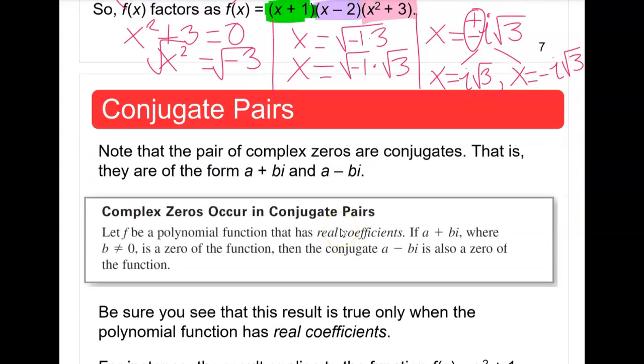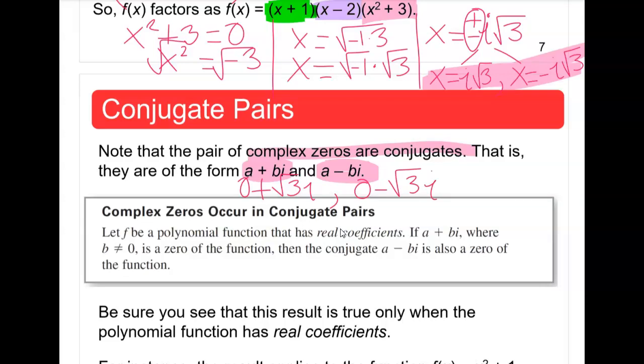Okay, so right here, this takes me to my next theorem that says that complex zeros are conjugates. So if we have a plus bi, we have a minus bi. The ones that we just found were 0 plus square root of 3i, and the other one was 0 minus the square root of 3i.